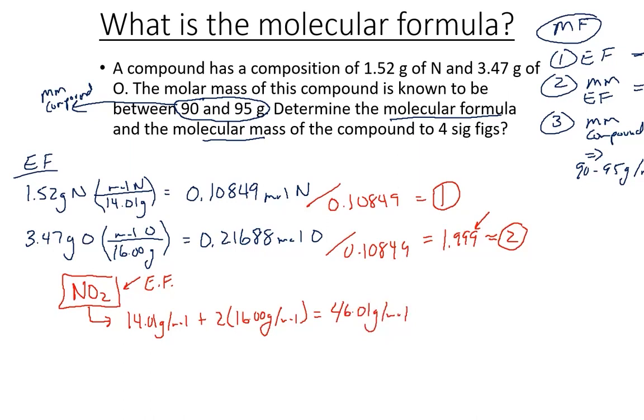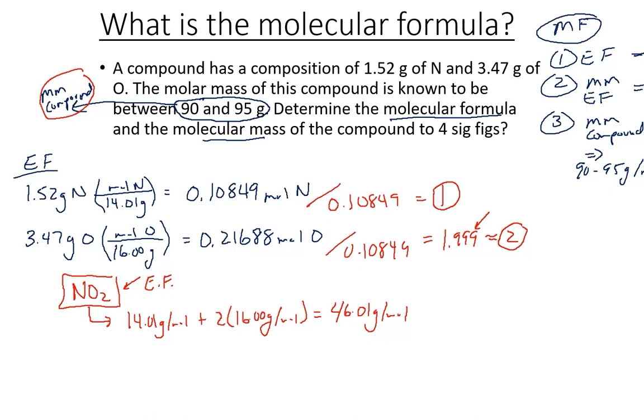We were given the molar mass of the compound in the problem. Again, in this case, it is a range, so you can choose anywhere in that range. If you want to go halfway between the two numbers, we could divide by 92.5 grams per mole, which is right in the middle of the range for the molar mass of the compound.